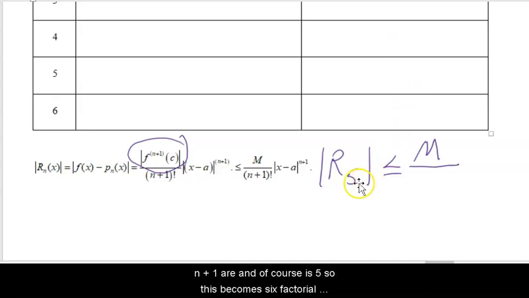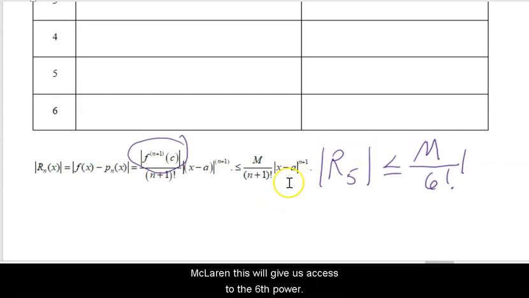Our n, of course, is 5, so this becomes 6 factorial times, and in this case, since our center is 0, since it's a Maclaurin, this will give us x to the 6th power.